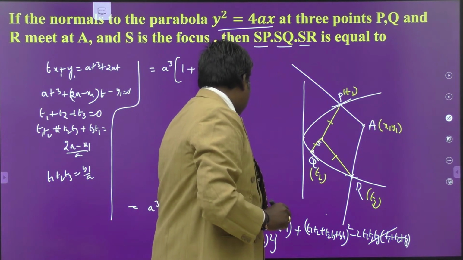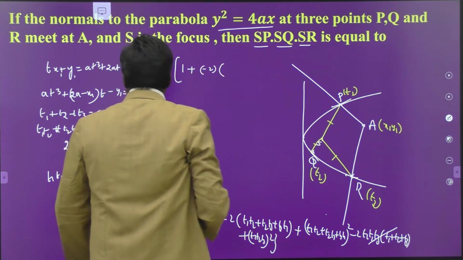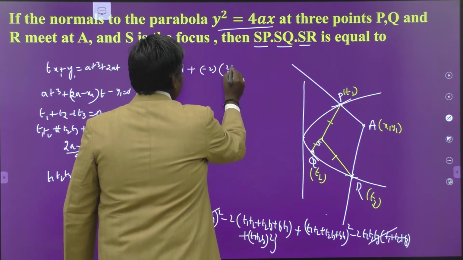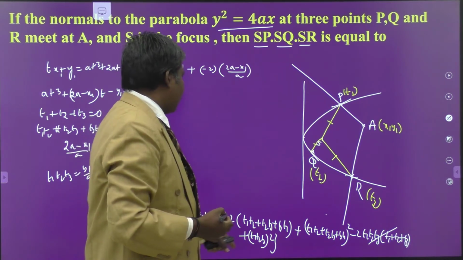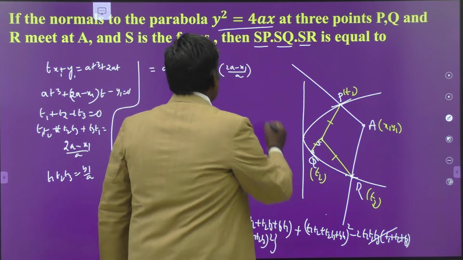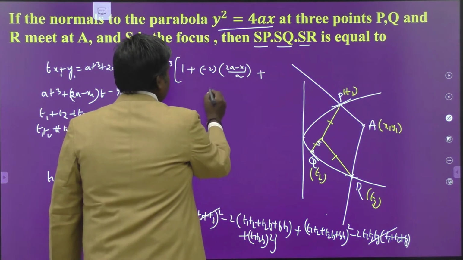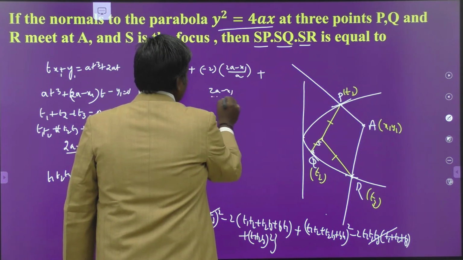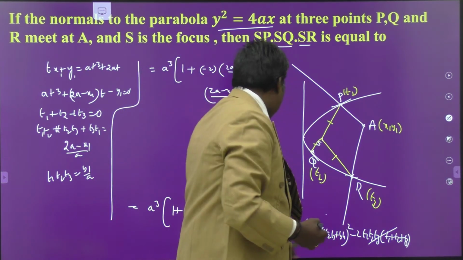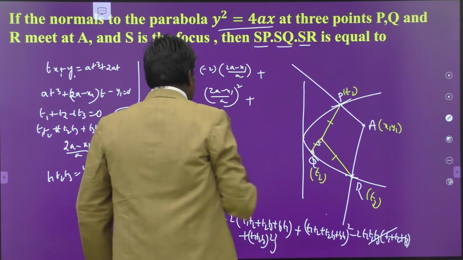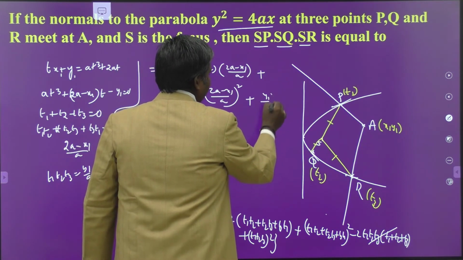What is that? Minus 2 times (2a minus x1) by a. Again you have to write plus (t1 t2 plus t2 t3 plus t3 t1), that is nothing but (2a minus x1) by a whole square. This is 0. And we have t1 t2 t3 as (y1 by a) whole square. That's all.